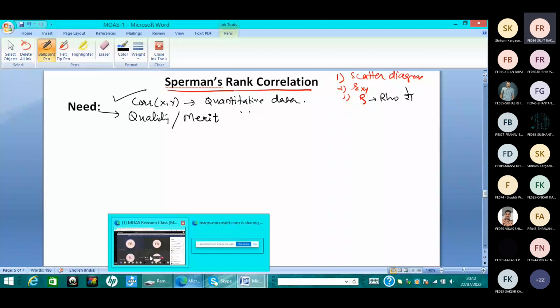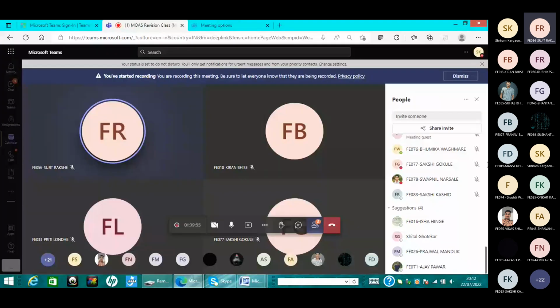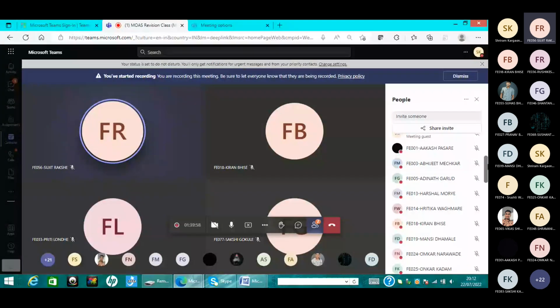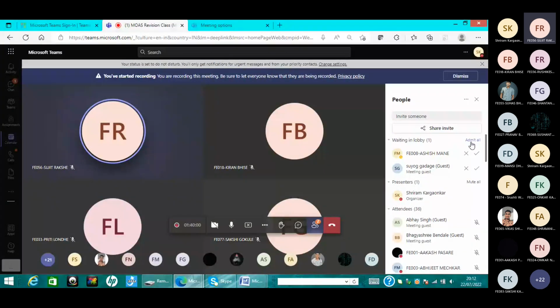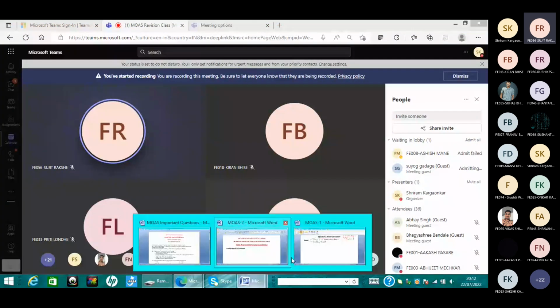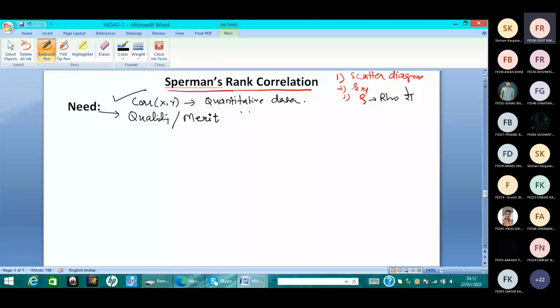If your quality is very good, then you are given the highest merit. In that case you use the Spearman's rank correlation, and Karl Pearson correlation is not possible. So in short, when there is quantitative data, you definitely use Karl Pearson, and if it is qualitative data, you use the Spearman's rank correlation.